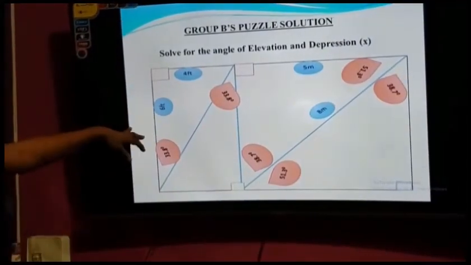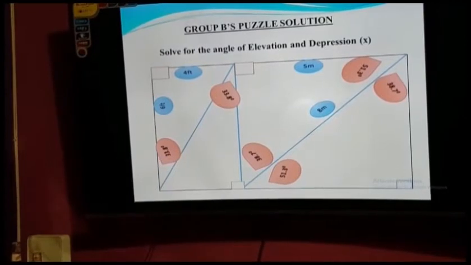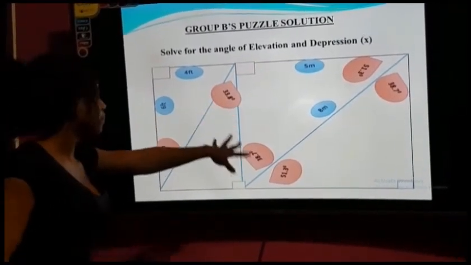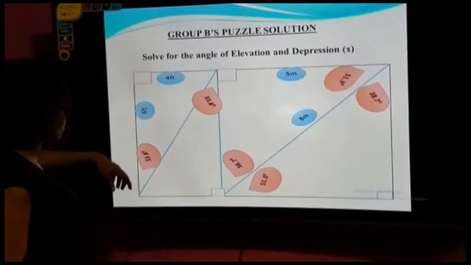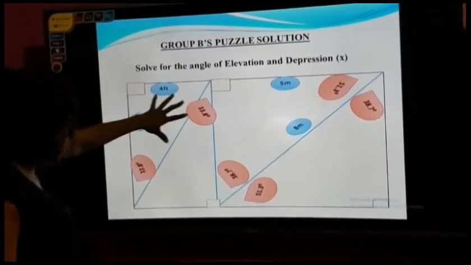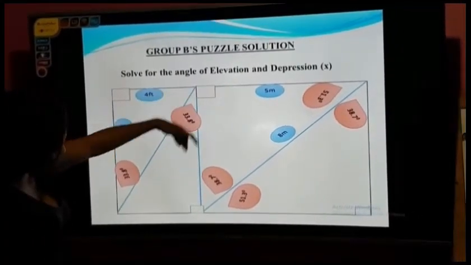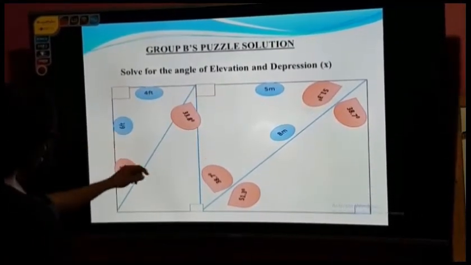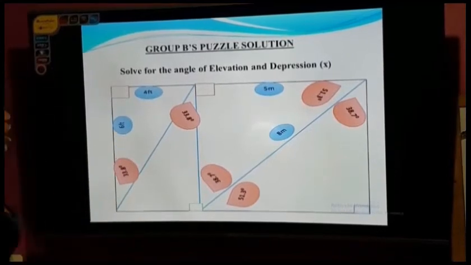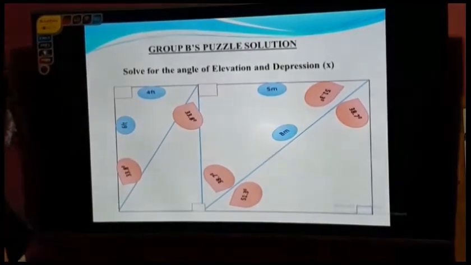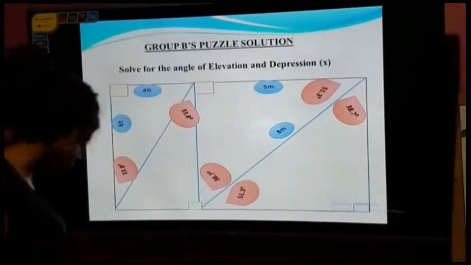So this is the end result of Group B's puzzle, right? As you can see, the angle of elevation and depression here. Looking at this side, this is the angle of depression, so the angle of elevation will be here. So this is the end result of what Group B got, and they are completely right, as Group B is tier 2 type of students.